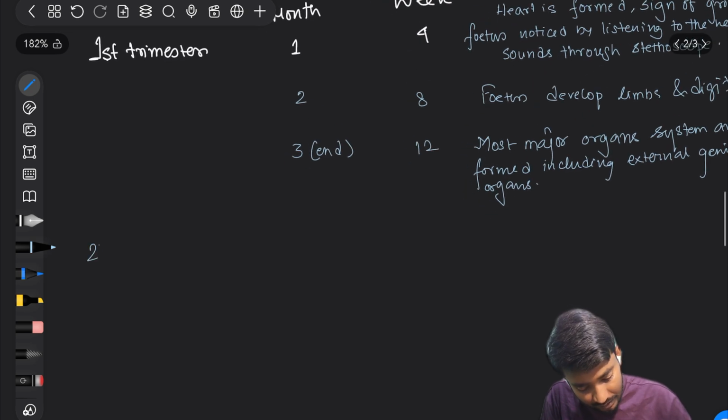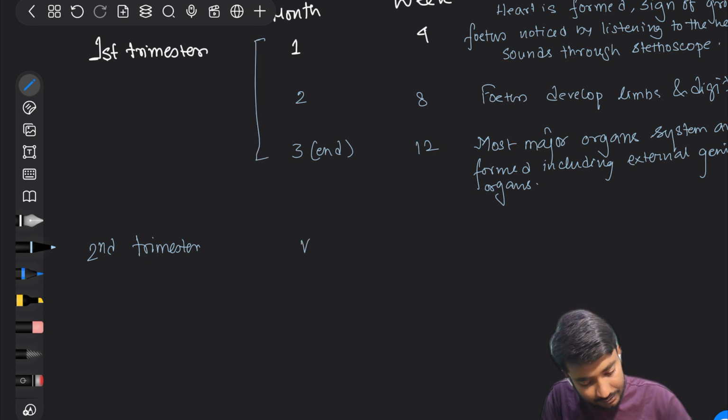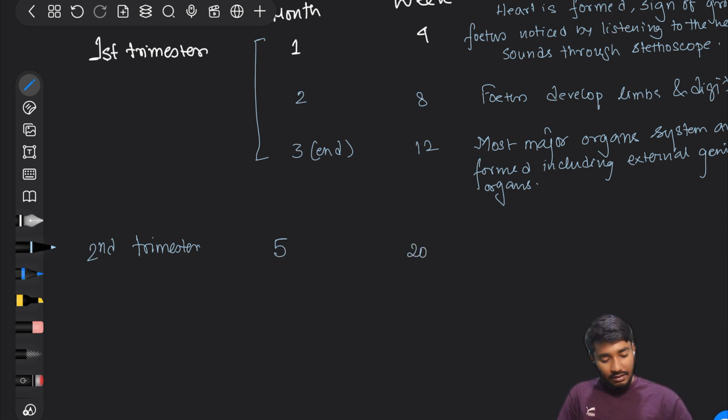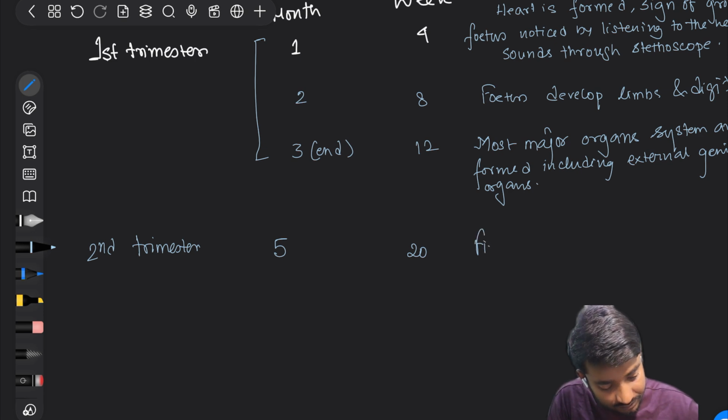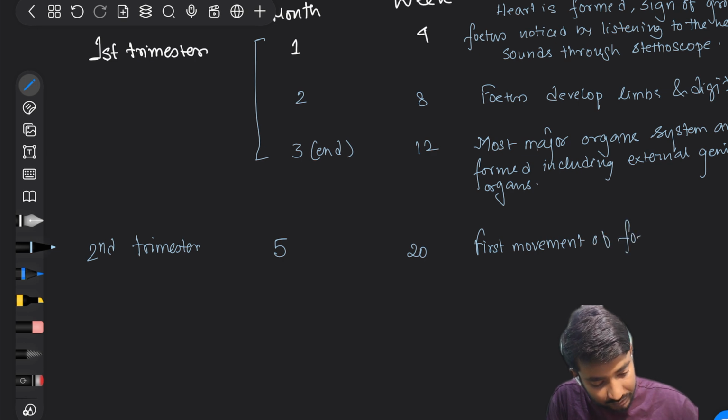Now, in the case of the second trimester, on the 5th month, it is 20 weeks: first movement of the fetus, appearance of hair on head.